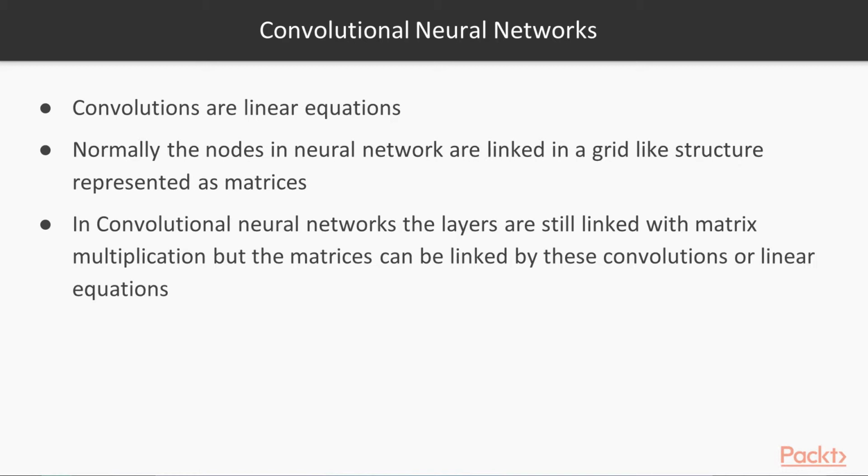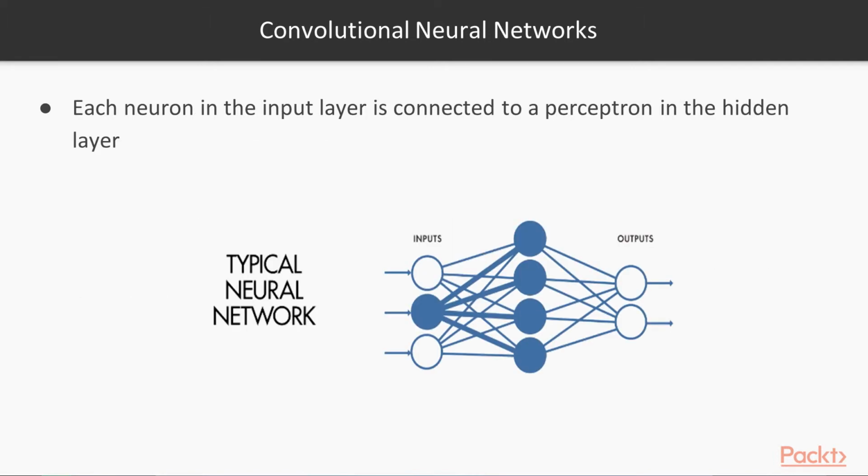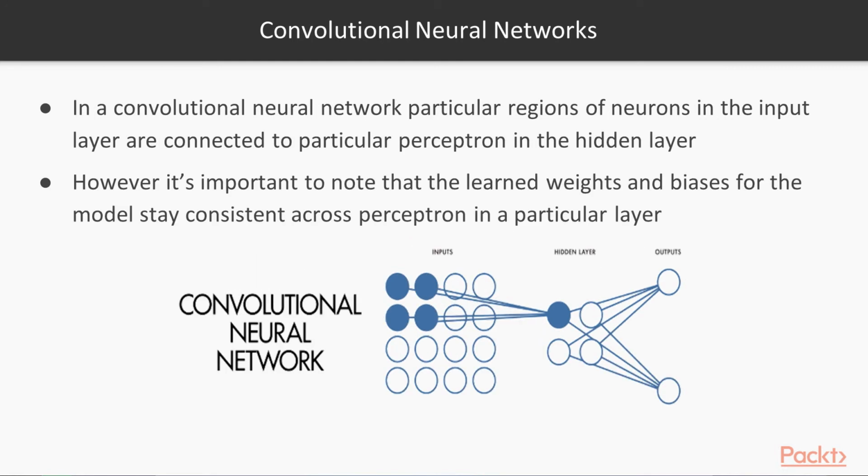Convolutions are linear equations. Normally, the nodes in neural networks are linked in a grid-like structure represented as matrices. With convolutional neural networks, the layers are still linked with matrix multiplication, but the matrices can be linked by these convolutions or linear equations. Each neuron in the input layer is connected to a perceptron in the hidden layer, but in a convolutional neural network, particular regions of neurons in the input layer are connected to particular perceptrons in the hidden layer.